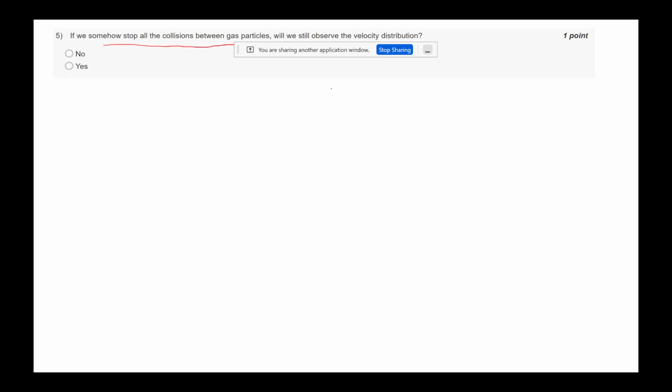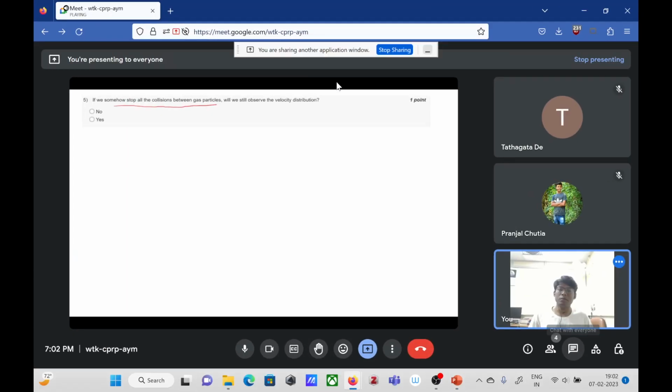Yes. Excellent. You are absolutely right. I was just saying, and Tathagata was discussing it. Since these collisions are the source of the velocity distributions, and we will later see that this velocity is the source of the kinetic energy, because if they are moving, they have kinetic energy, right?